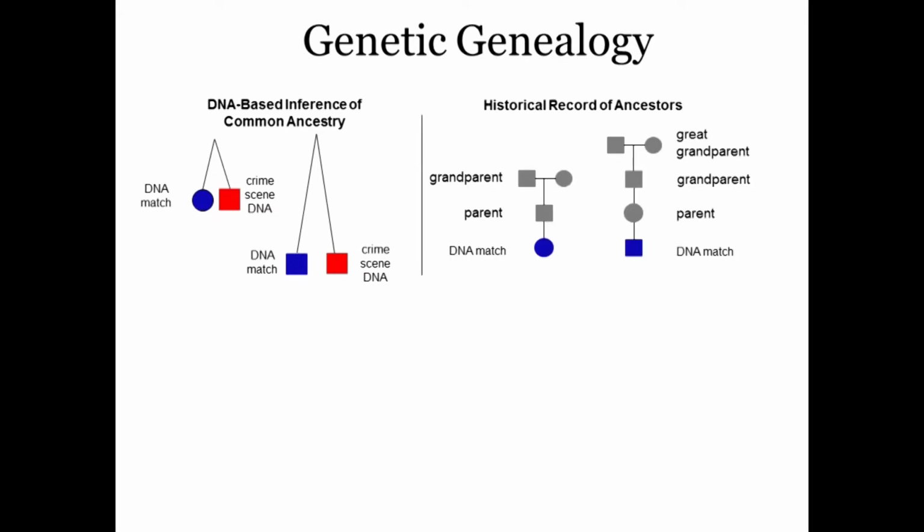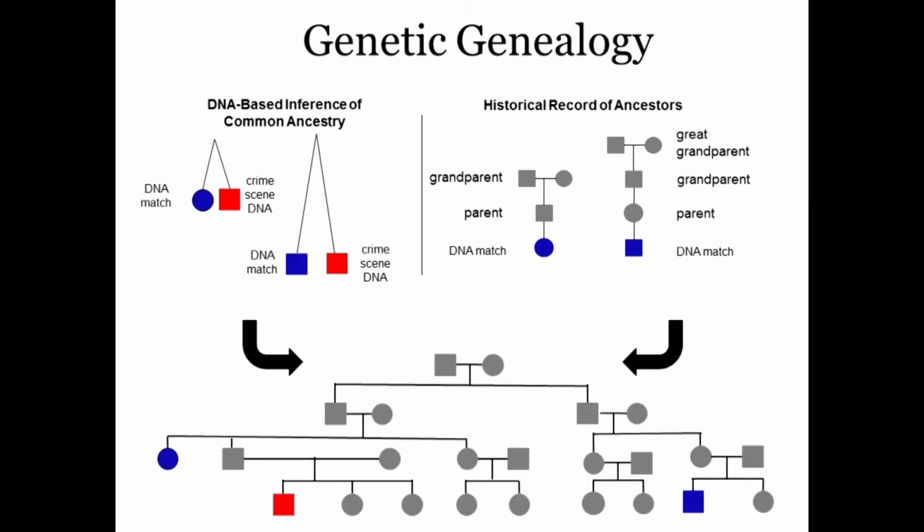Now, we don't know the genealogical history of our crime scene sample, but what we do know is that these blue individuals, these DNA matches, are actual people that we can look into and investigate. So we can find information about the ancestors of these individuals, and then we can use this combined information to narrow down the identity of our suspect.